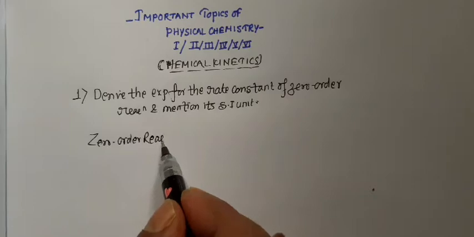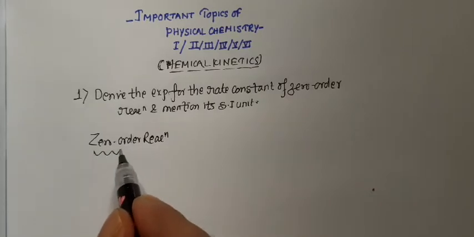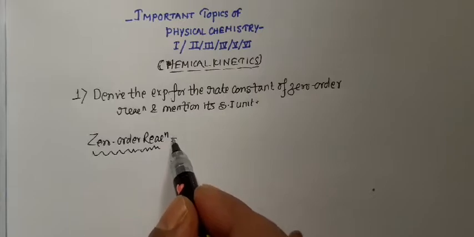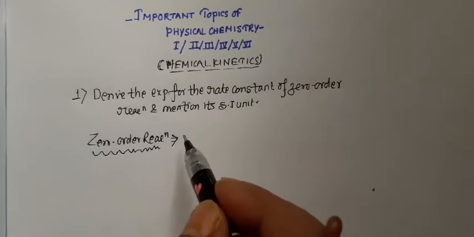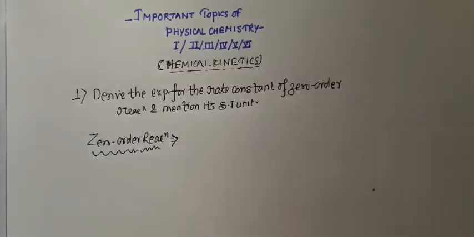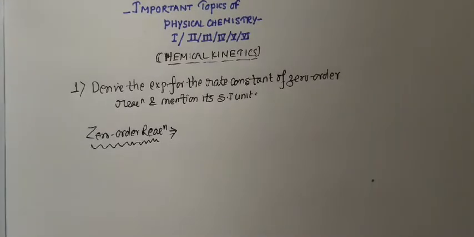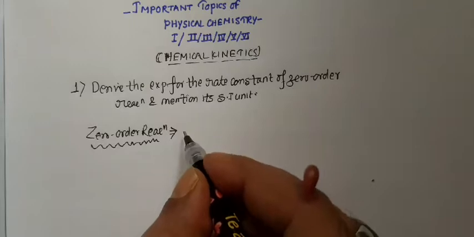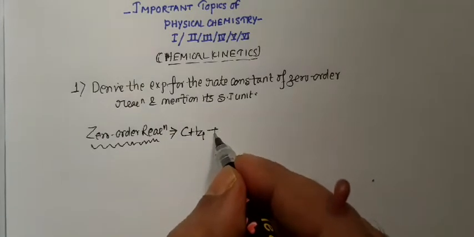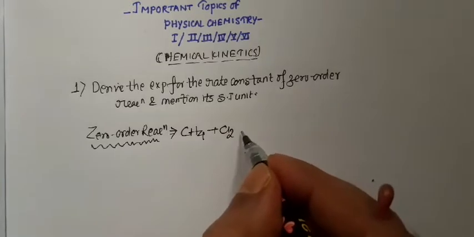The chemical reactions whose rate is independent of the concentration of the reactant and depends upon some other factor are known as zero order reactions. For example, methane reacts with chlorine.